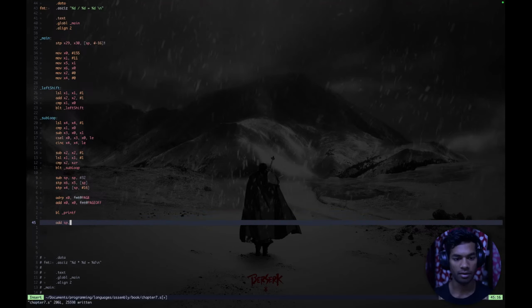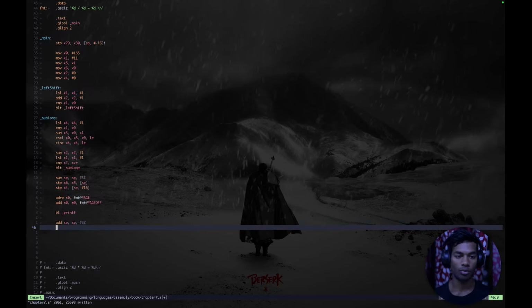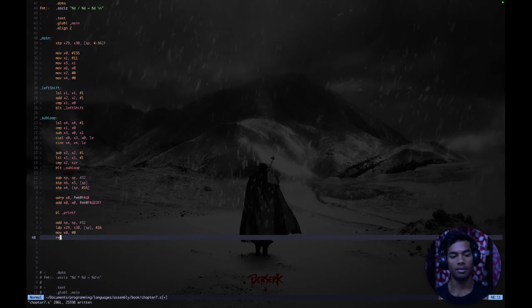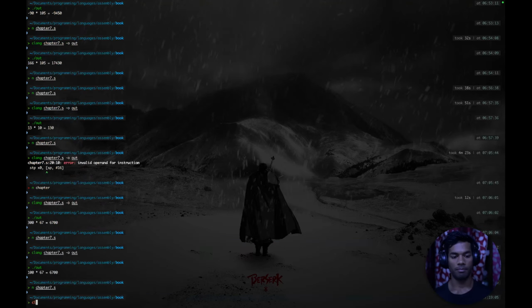Now let me clear the stack by adding 32 to it, and then I will load back the frame pointer and the link register back from the stack, and then add 16 bytes which I took from the stack, and also exit with the exit code 0 and return. That should work.